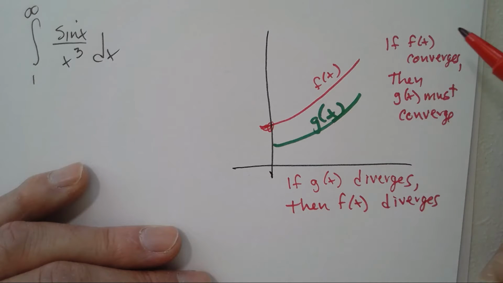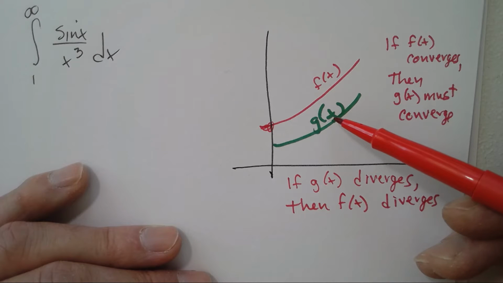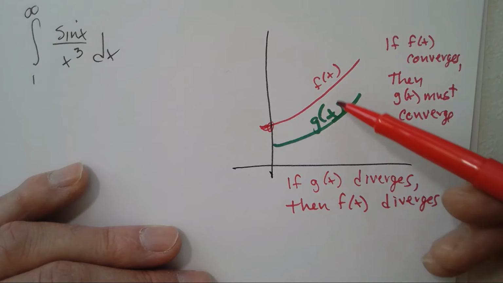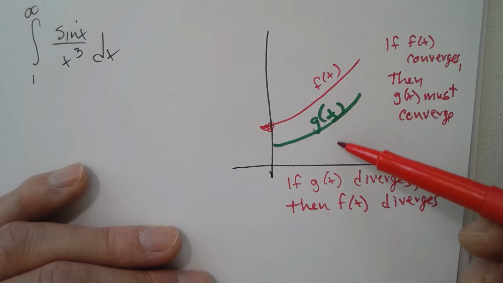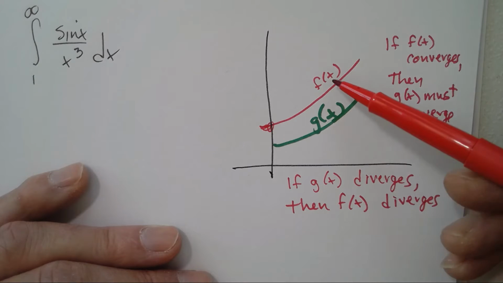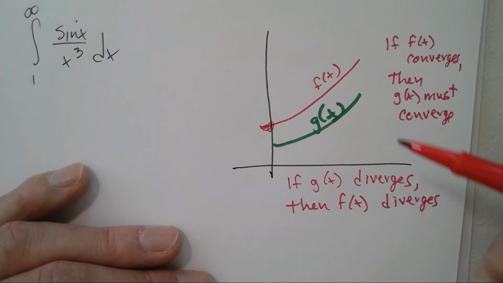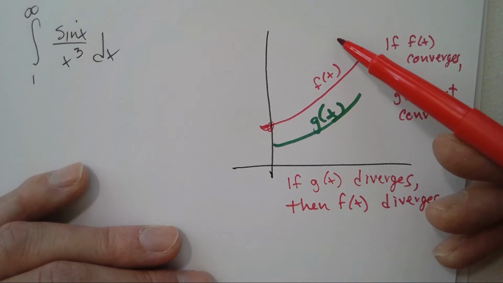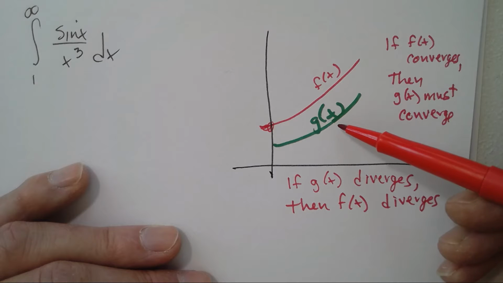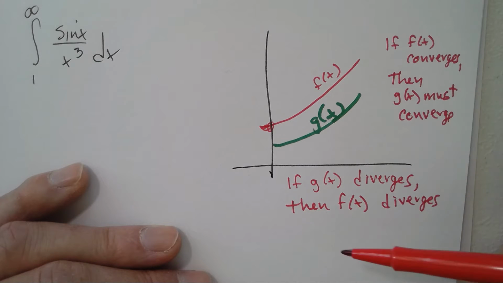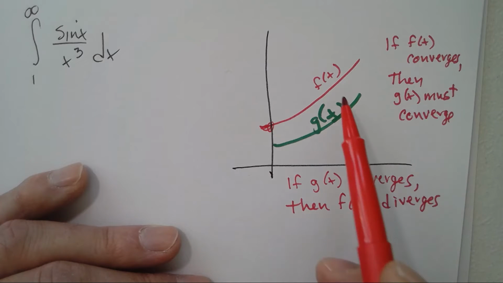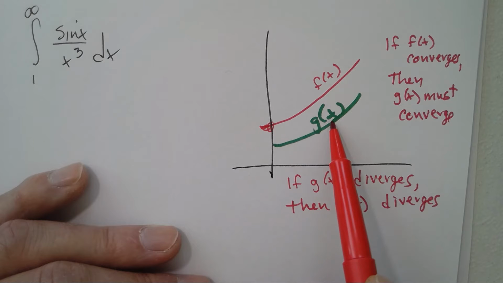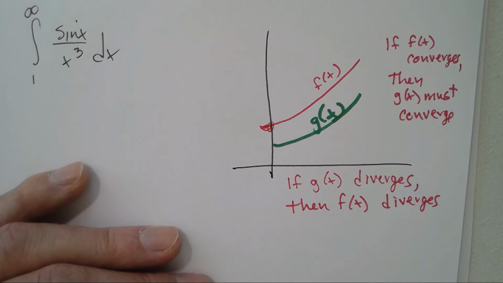It doesn't work the other way. If I know that g of x converges, I don't know if f of x converges. If f of x diverges, I don't know if g of x diverges or converges. So it's not the end-all, but there are two statements that can be made. If this one converges, then this one will. If this one diverges, then that will diverge.